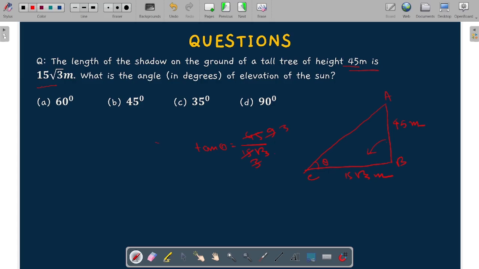So हम लोग अगर 3 ऊपर लगा दें, इसे भी लगा दें, तो this is 3 and 3 cancel out. So answer will be √3. tan theta equals √3 means theta equal 60 degree. आंसर क्या होगा? 60 डिग्री.